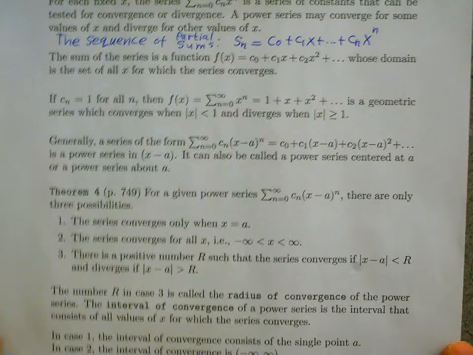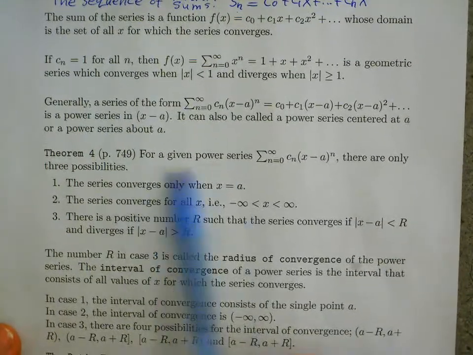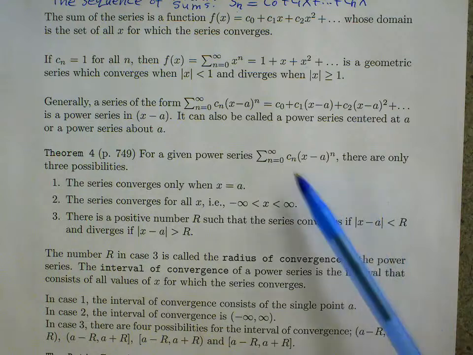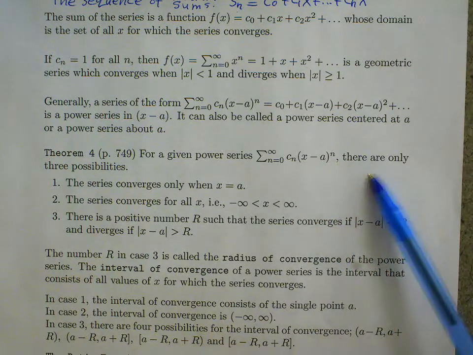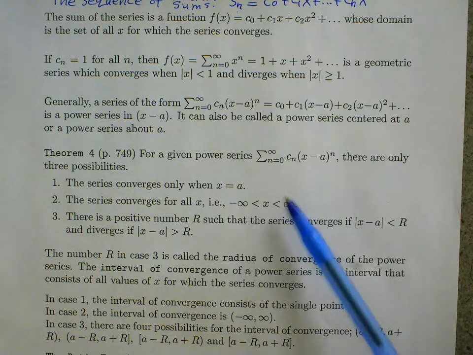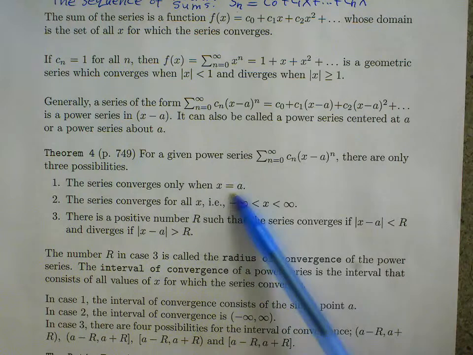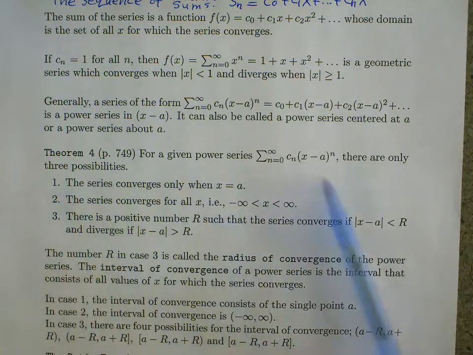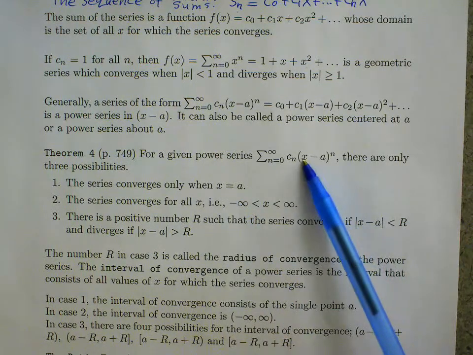Okay, there's a theorem that we'll want to remember. For a given power series, where the terms are c sub n times x minus a to the n, there are only 3 possibilities. The series converges only when x equals a. That's the first possibility. So if x equals a, what does that mean? It means all of the terms are 0.